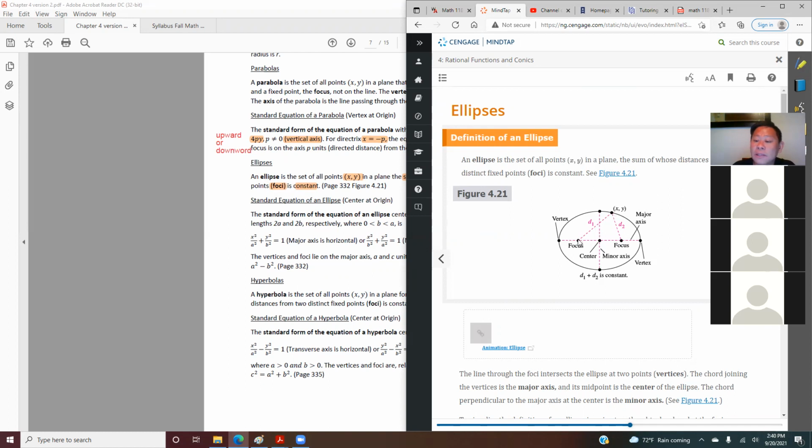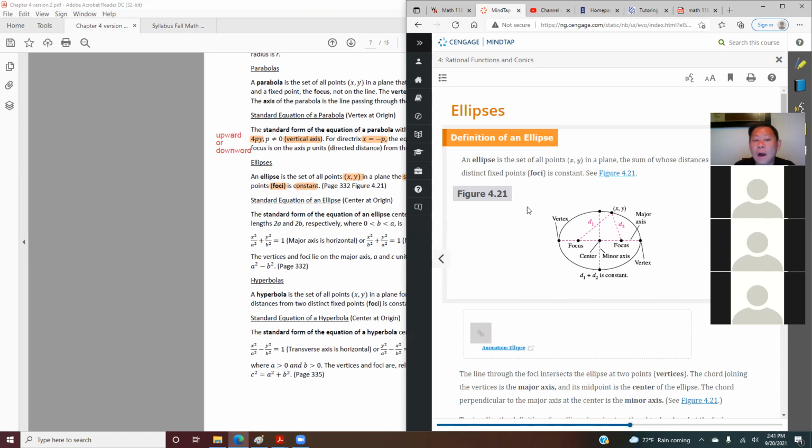If you take the distance from one focus point to this point x, y, and the distance from the other focus point to this point, and add these two distances, d1 and d2, the sum is the same whichever side you go. So if this is 3 and 4, then the other point will be 2 and 5, because the total must be 7. Constant means the same throughout the whole thing.